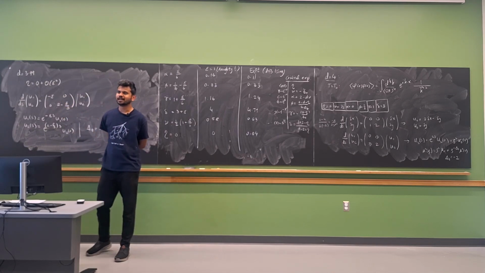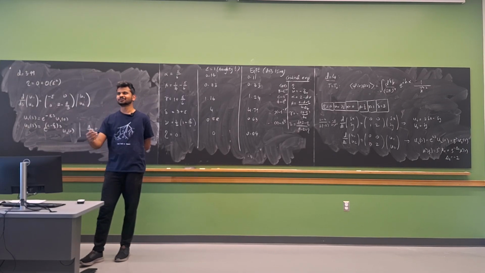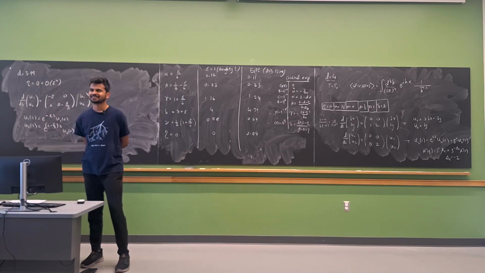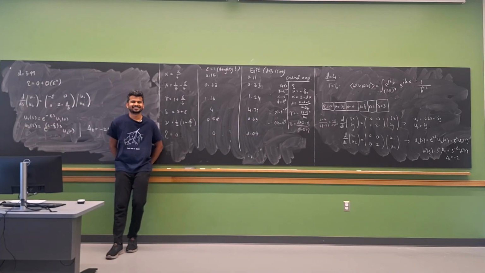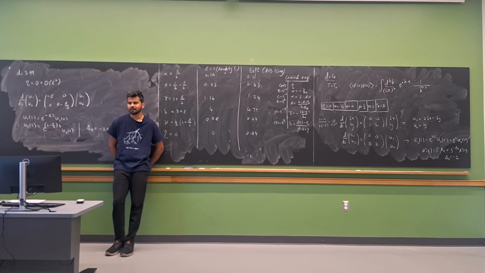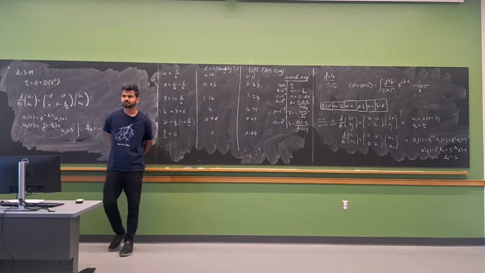So you can try adding irrelevant operators to see some signs of that in experiments beyond the standard model, or beyond general relativity too, of course. Yeah. So the idea is adding irrelevant operators to see signs of it, and then you can guess.